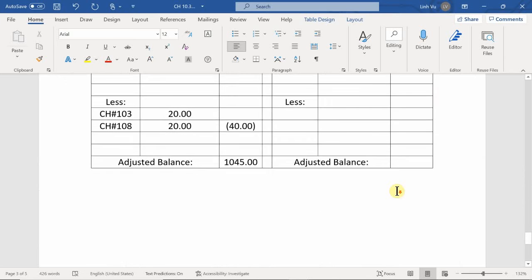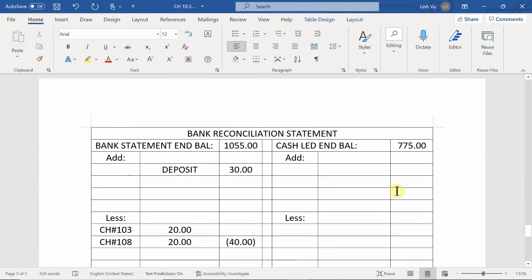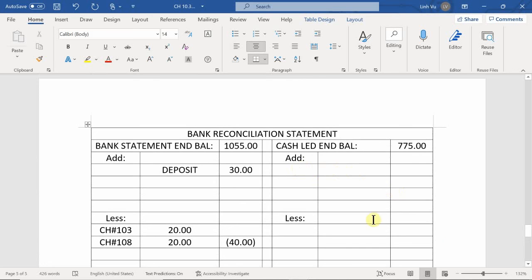So those are the two numbers I'm going to add to my statement here. ACH for $250 and my interest was $50. So therefore, I'm going to add a total of $300.